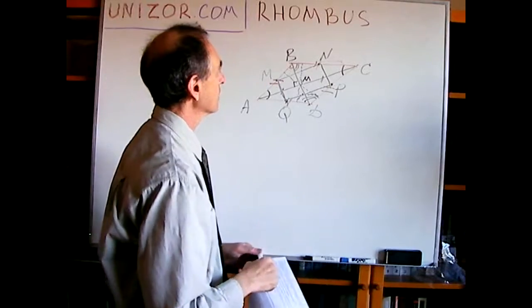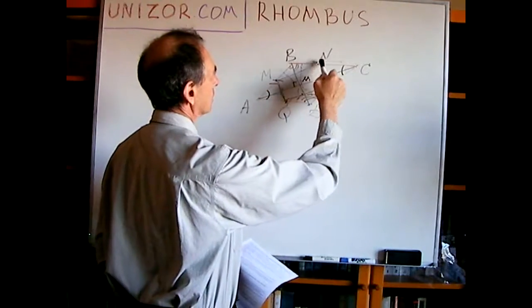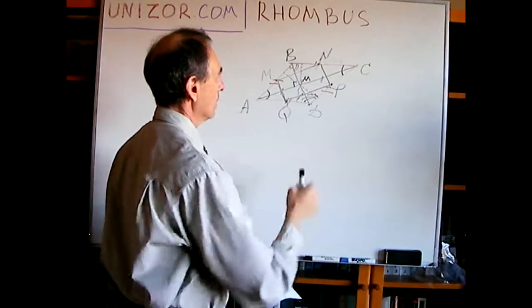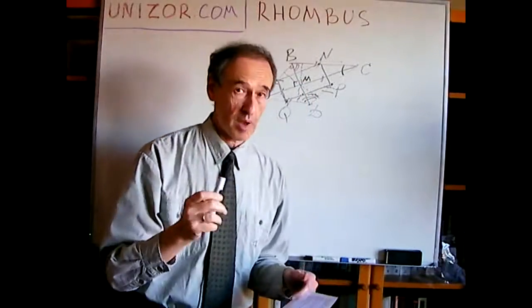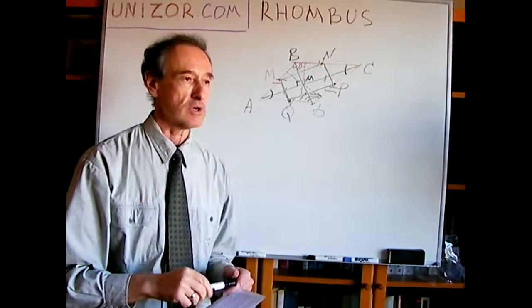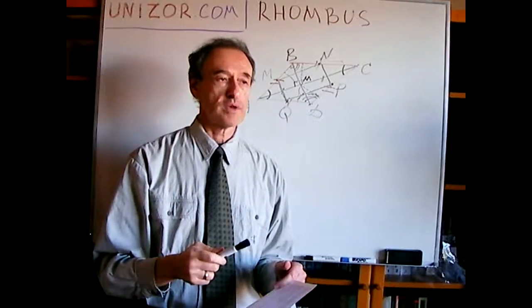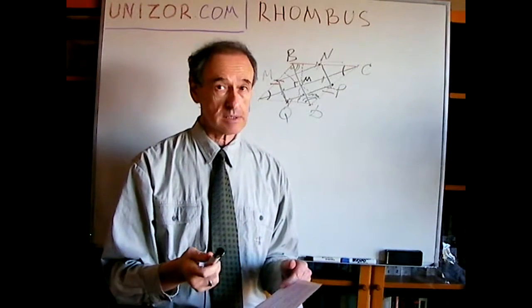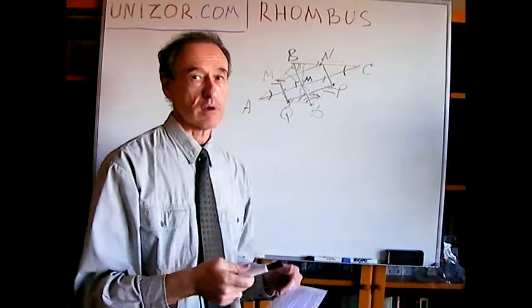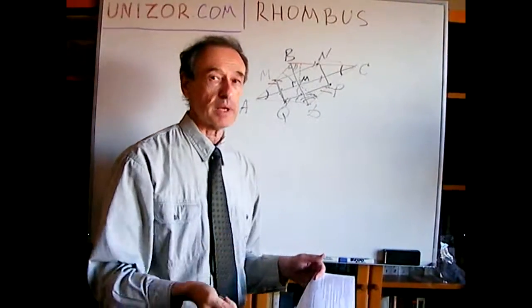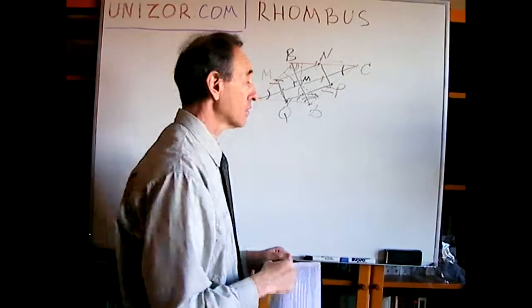But now let's think about what's the angle between MN and MP. Now, you remember in one of the prior lectures that if you have two angles with mutually perpendicular sides, then these angles are supposed to be either supplemental or congruent to each other.